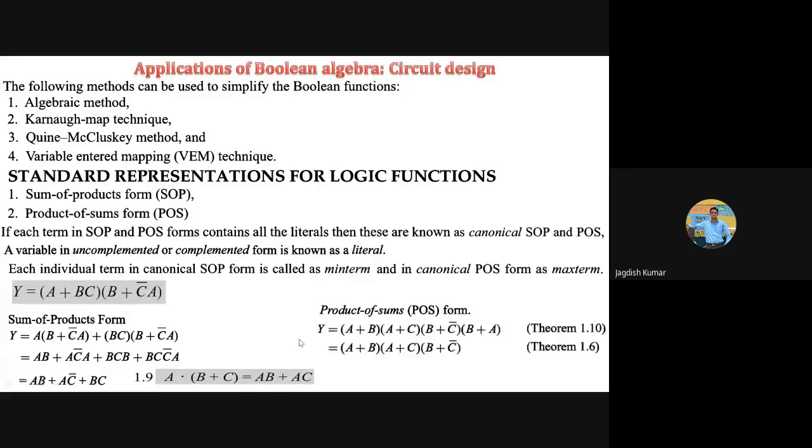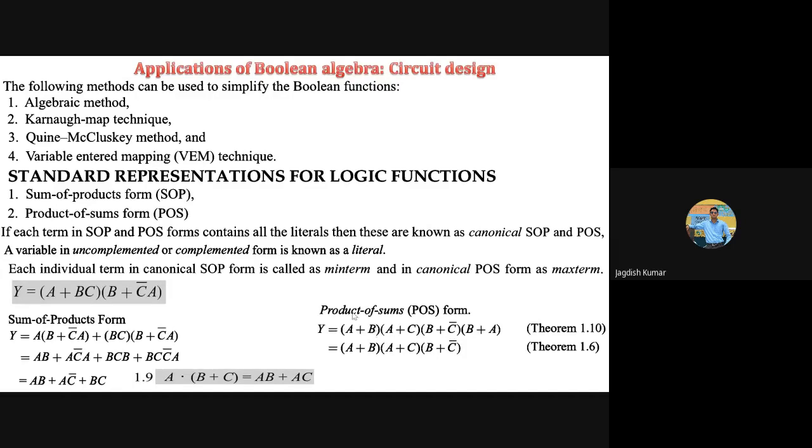But first let us try to see the same expression in product of sum. This expression can also be expressed as product of sum. How? You apply theorem 1.10 and then apply theorem 1.16.